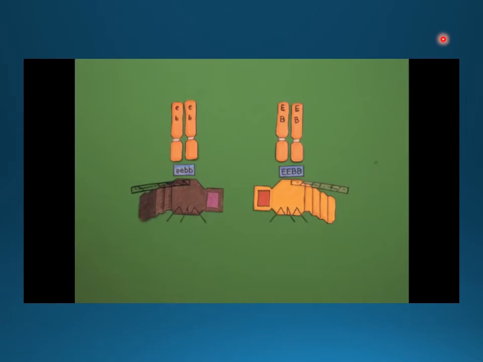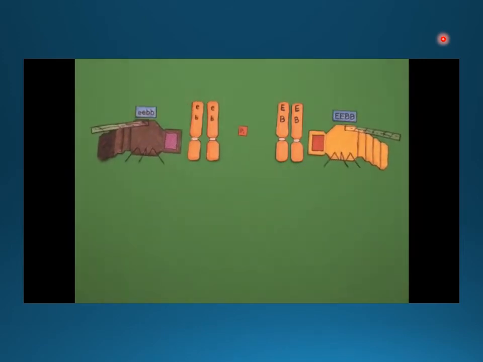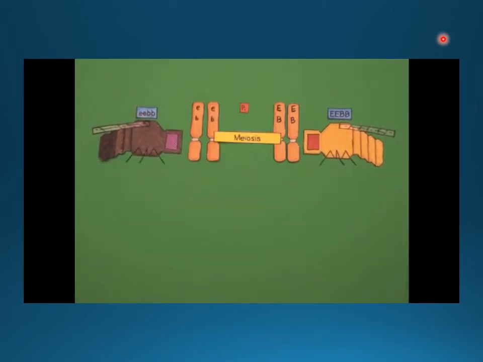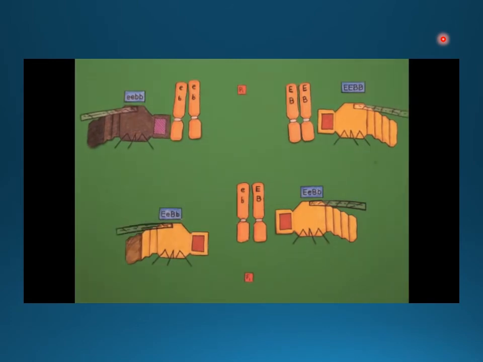The original mating pair, or P1 generation, are homozygous for both traits. So after meiosis, each will donate 1 copy of the chromosome pair to any progeny. The progeny, or F1 generation, will be heterozygous for both traits and will all have the dominant set of phenotypes.